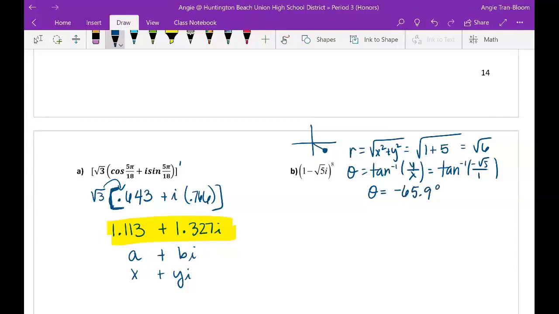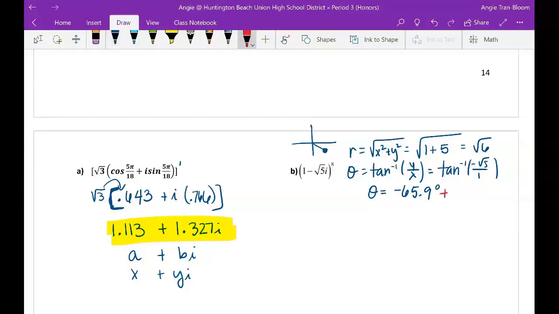But you cannot have a negative angle, so keep that in mind. How do I get a positive angle for that? I can't use negative angles, so what would you do to get a positive angle?